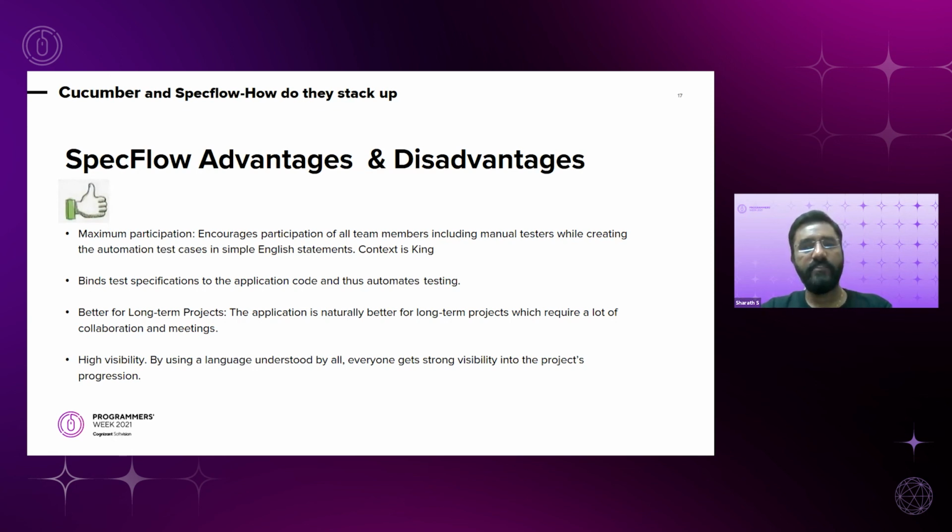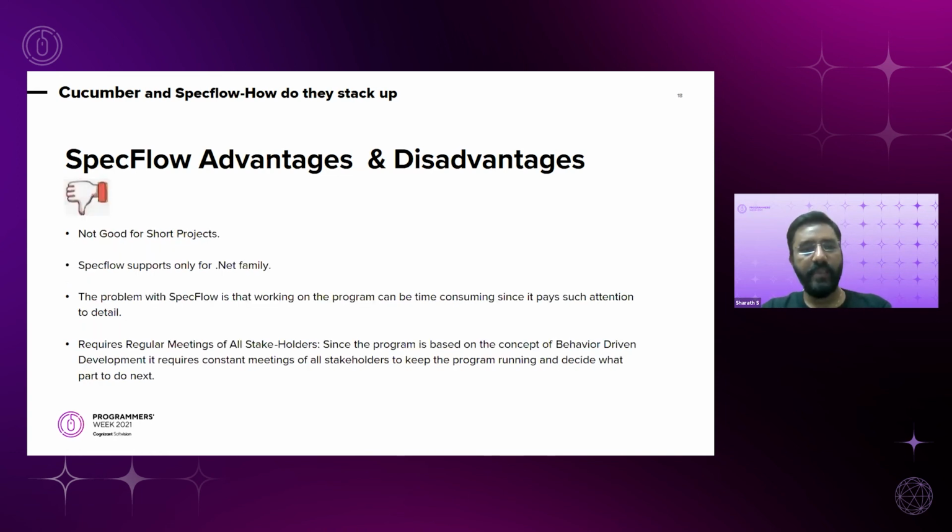Can we think of any disadvantages here? Again, similar to Cucumber, it's not okay to have it for a short-term project. Another limitation with SpecFlow is that it's bound within .NET.